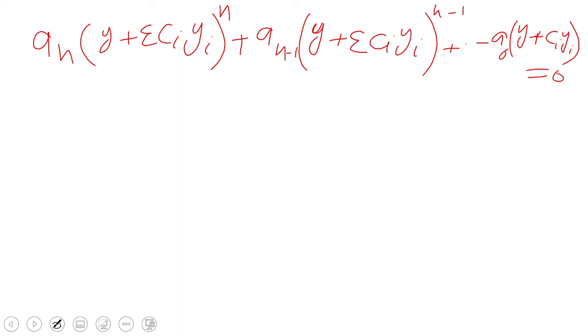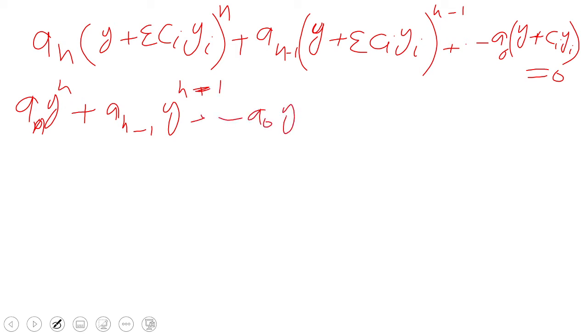We can split it and collect all a_n y^(n), a_(n-1) y^(n-1) up to a_0 y, plus epsilon, and let's take ci also common.